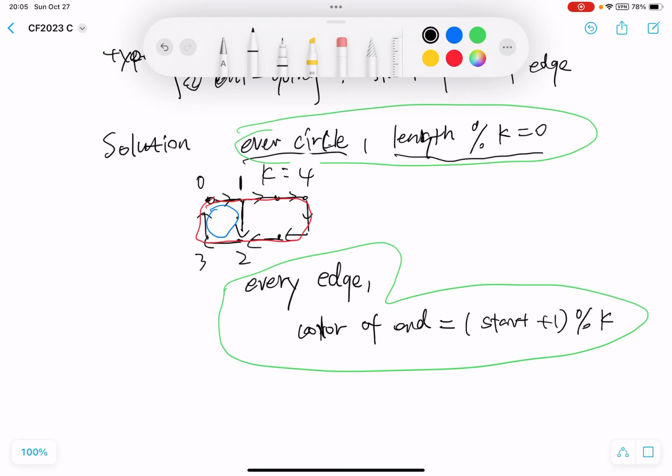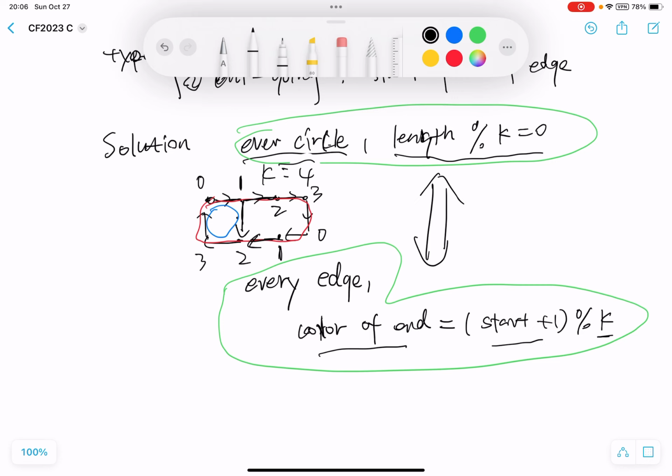So this is 1, this will be 2, because of this edge. This will be 3, this will be 0, this will be 1, and it meets the requirement that end equals start plus 1 modulus k. The important information we need to understand to solve this problem is that these two pieces of information are equal.